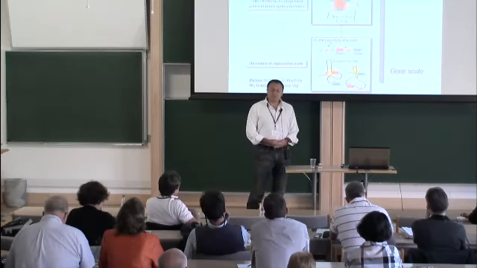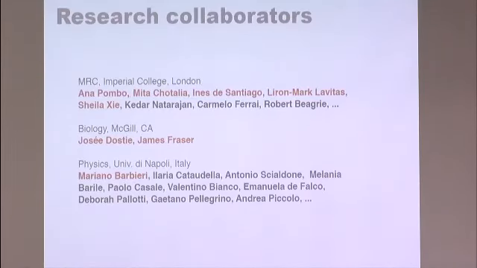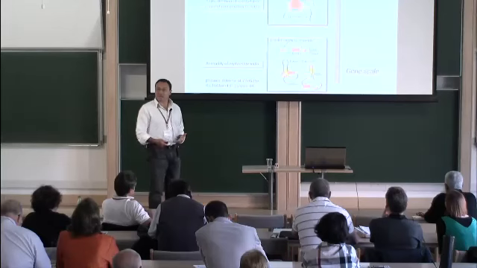We know in higher eukaryotes, for instance, that a gene can be regulated by very distal non-coding regions, which can be far away from the gene itself, 10, 50 times the length of the gene itself. And to regulate a given gene, those regulatory regions have to fold onto the promoter of the gene and assemble what is called the expression unit for that gene.